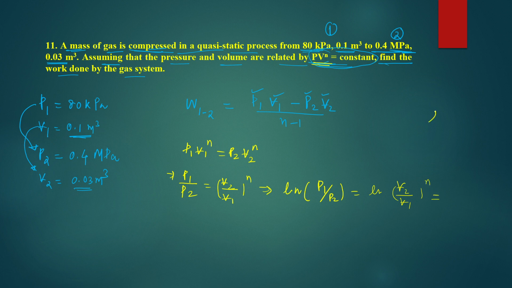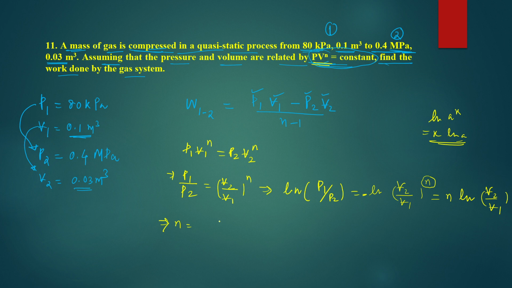Here we know that ln a to the power x will be equal to x ln a, right? By using this property, we can bring this n term to here, so I can write n ln V2 by V1, right? Now you can find out the value of n.